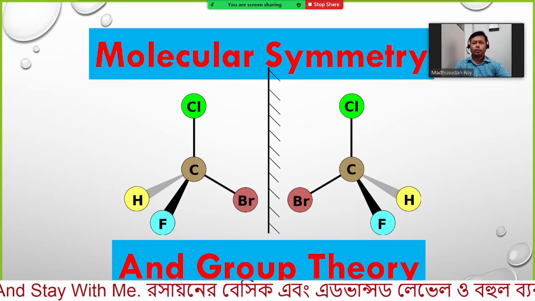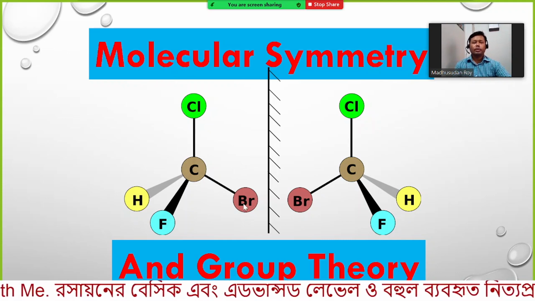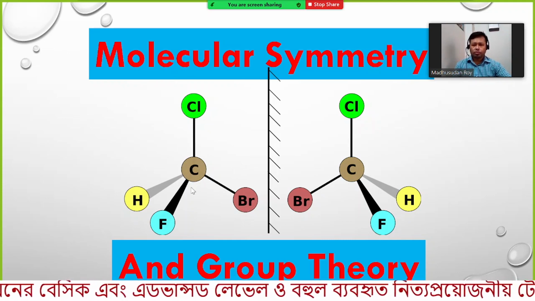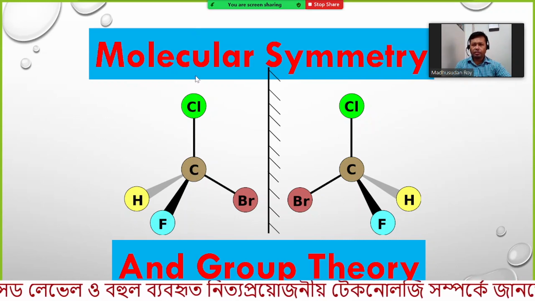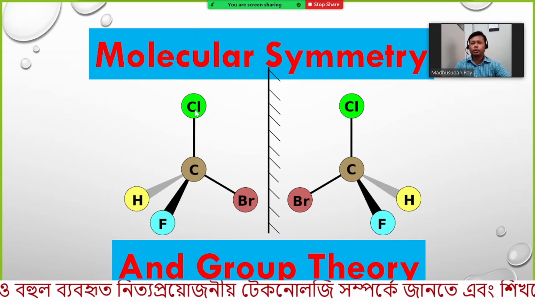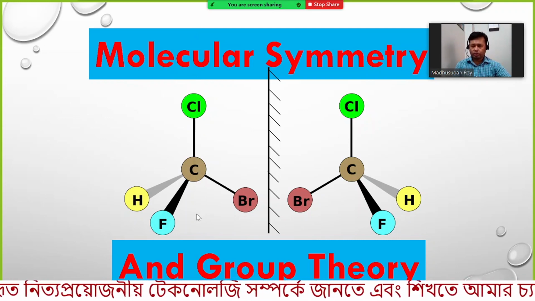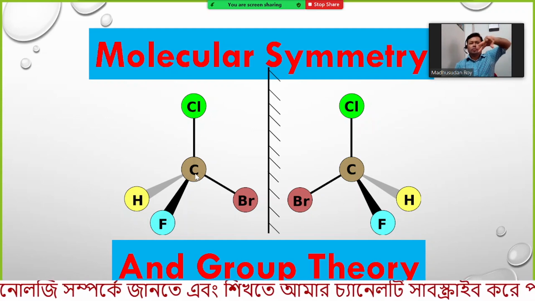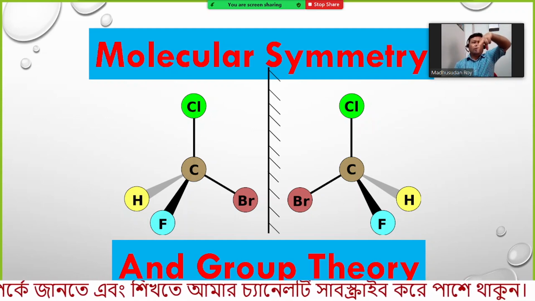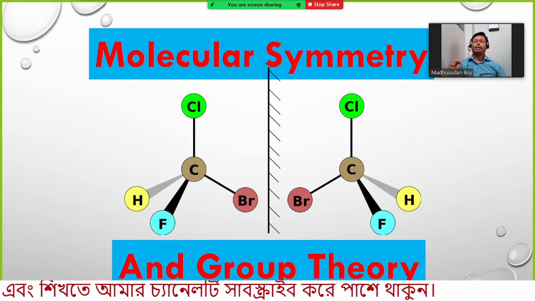If you rotate 120 degrees along this bond, through the chlorine, carbon and the center of the carbon, you can rotate this way or the opposite way, clockwise or anti-clockwise.